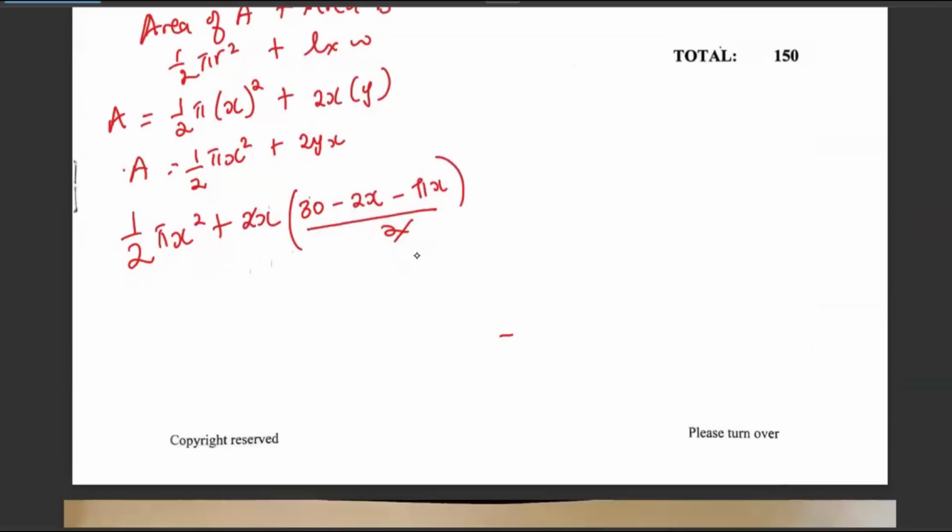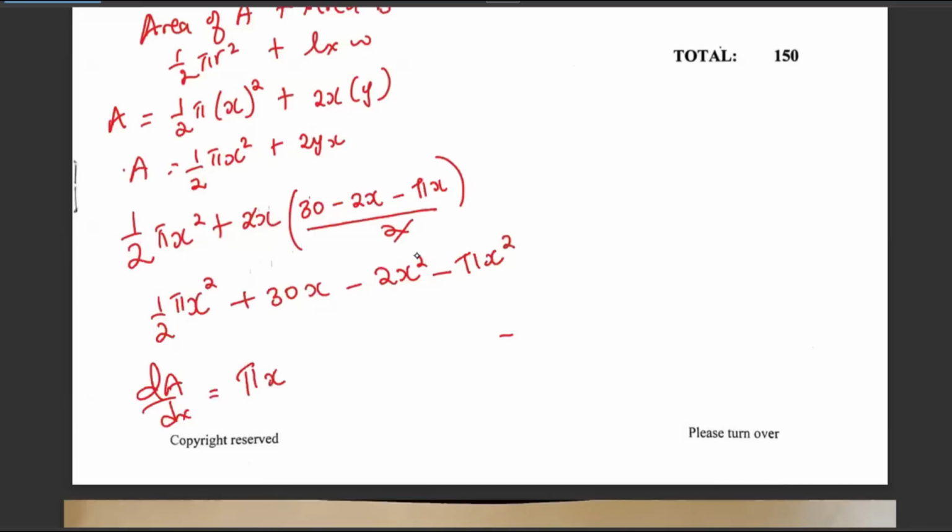So I know I'm left with just a half pi x squared plus 30x minus 2x squared minus pi x squared. Then let me get the derivative, dA by dx. That's going to be pi x plus 30 minus 4x minus 2 pi x is equivalent to 0.